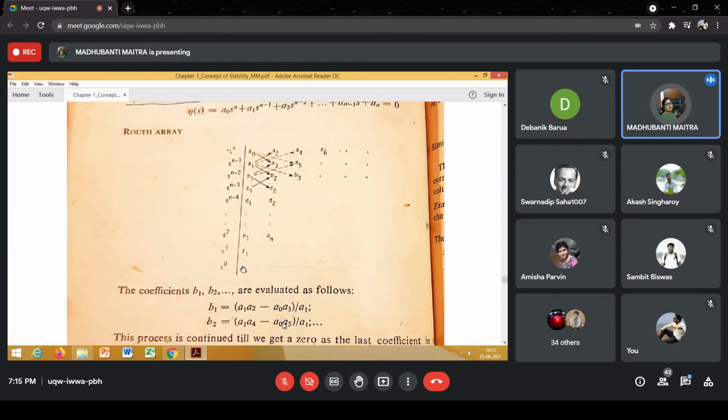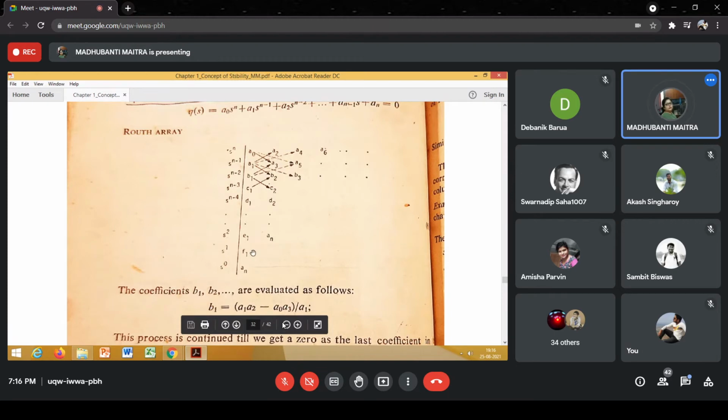So to apply Routh's stability criterion, first of all, we'll have to compute this table which is known as Routh's table or Routh's array. Since this is a table or an array, it consists of these rows as well as these columns, right? And please note that this is the first column of this array.